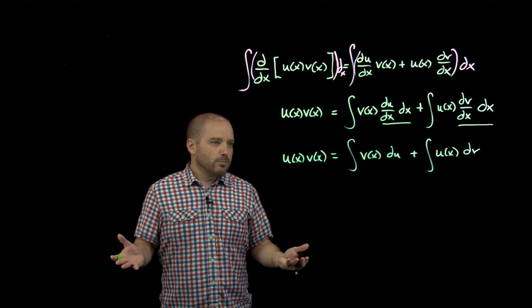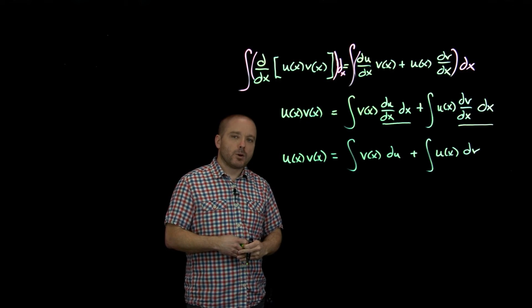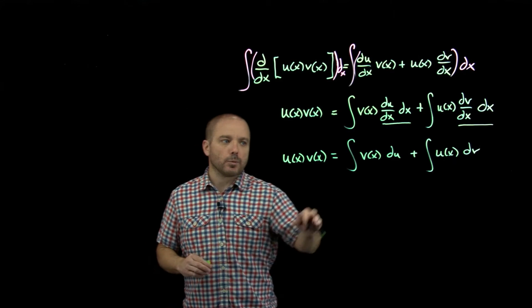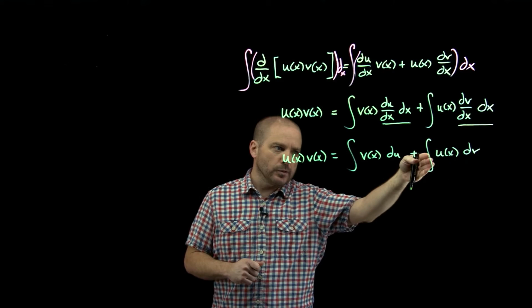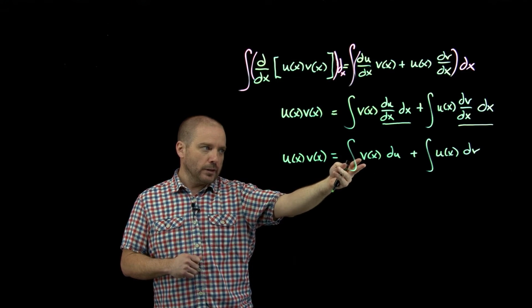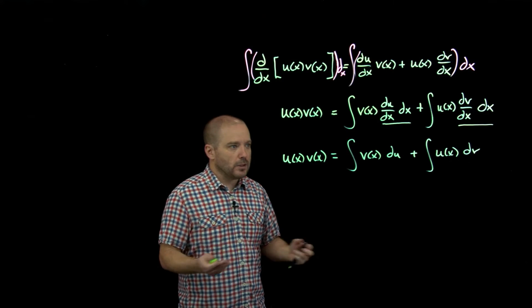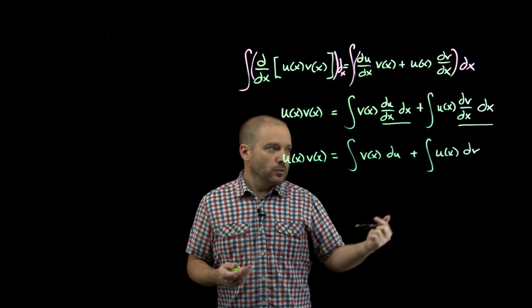Now, we have two integrals here, and the idea with integration by parts is that one of those integrals will be our starting integral, and we're replacing it with the other integral. So algebraically, I'd like to solve this for one or the other integral, and there's really no reason to pick one over the other, just tradition.